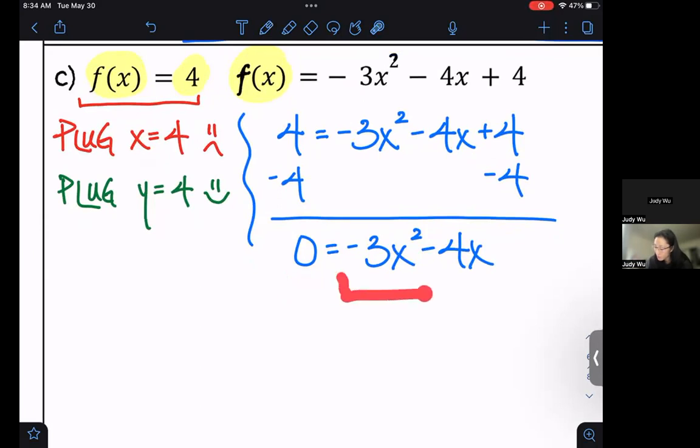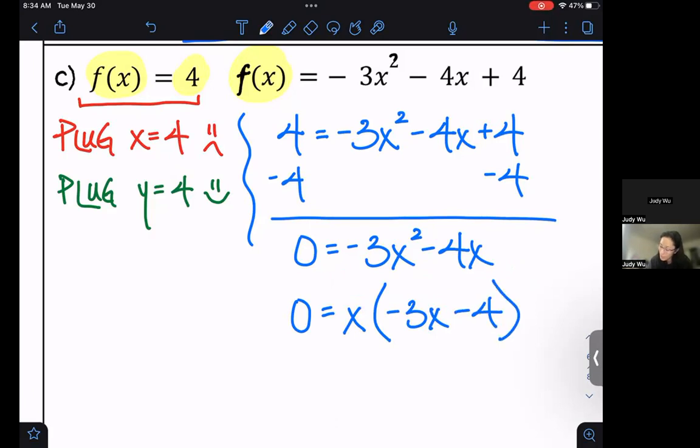And so we're going to focus on this right-hand side. And the question we're going to ask ourselves is, is there a greatest common factor on this side? And I noticed that both terms have an x. So I can say 0 equals x, parentheses, I'm factoring out the x, I get negative 3x minus 4, okay?